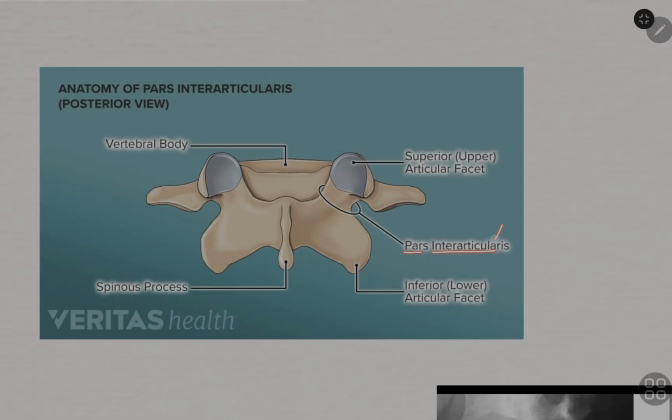The pars interarticularis takes repeated load when the patient undergoes hyperextension, because when the patient undergoes hyperextension, there is a chance that the vertebra slips over the other on the anterior side. To prevent this anterior slippage, posteriorly we have this pars interarticularis holding on to prevent it.